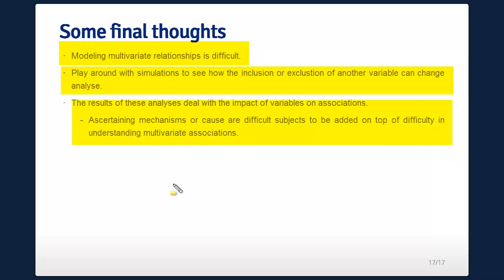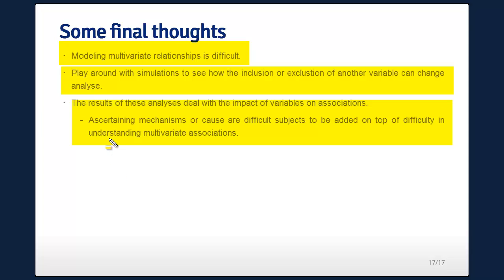So the discussion from these analyses deals with the impact of inclusion or exclusion of variables on associations. But an even harder problem is ascertaining whether X causes Y. So that, in addition to all of these considerations, adds this secondary consideration. That's kind of a hard problem.